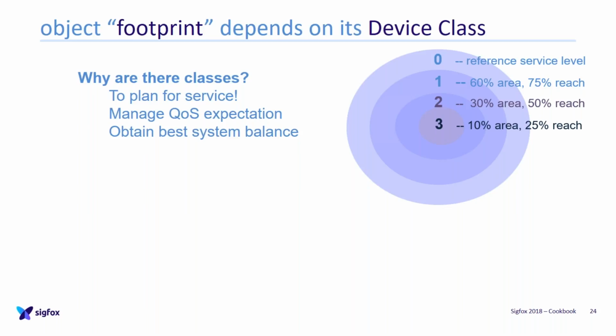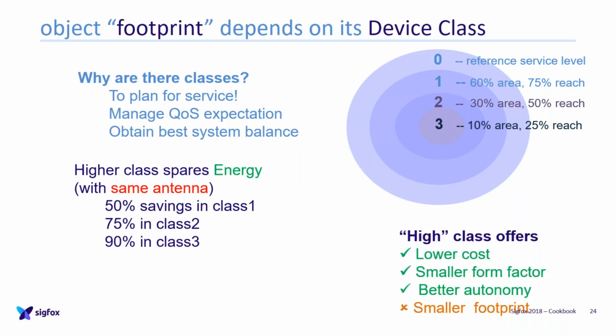The way it has been classified is that each time you go up a class, you lose 5 dB, in other words you lose about 25% reach from the reference. So you drop severely in class 3, for example, to 10% of the class 0 footprint. Well, so far, so good.